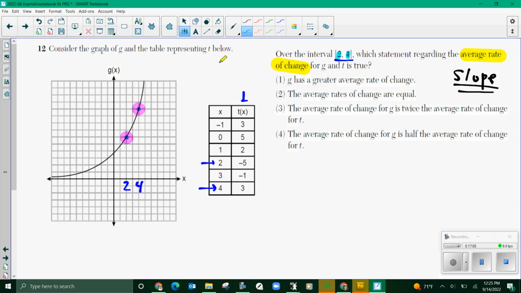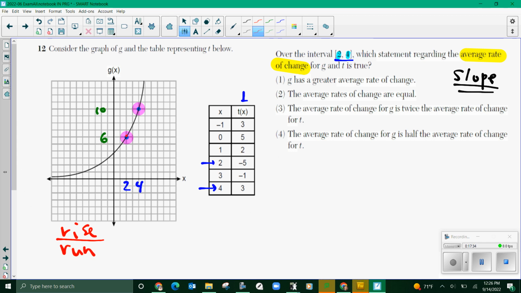So let's figure out the y value. 1, 2, 3, 4, 5, 6. So that's the 6. 7, 8, 9, 10. That would be 10. I have 2 coordinates, and I could do change in y over change in x, or it's rise over run.